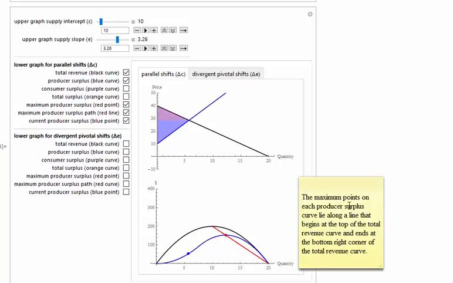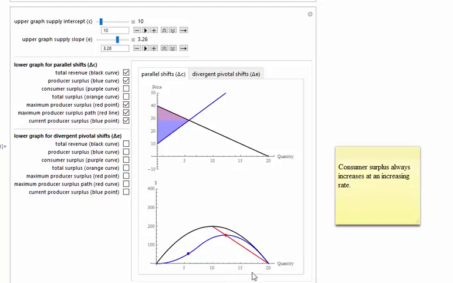In other words, the maximum points, as we saw here, lie along a line between the top of the total revenue curve and the bottom right corner of the total revenue curve. Even though total revenue is declining, producer surplus is increasing into this area where you have less and less total revenue.